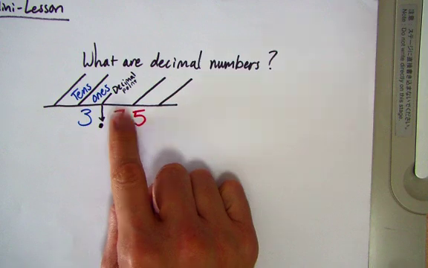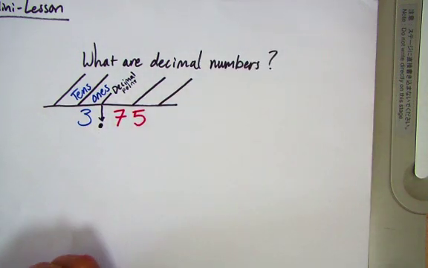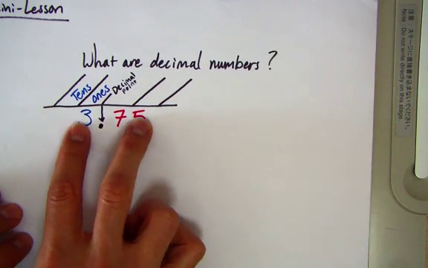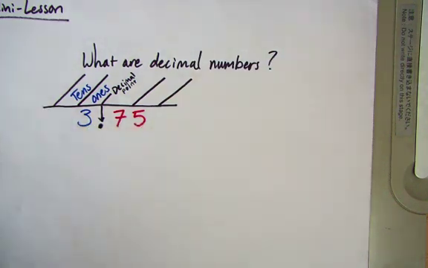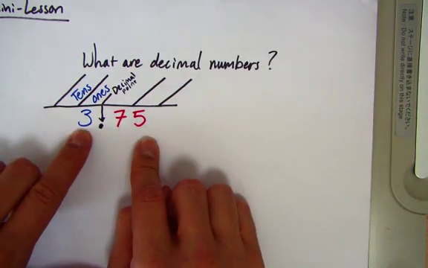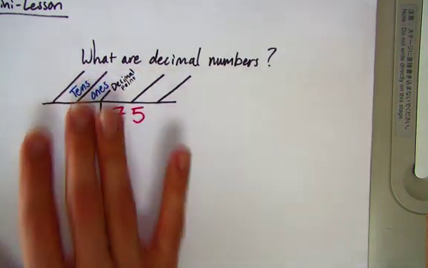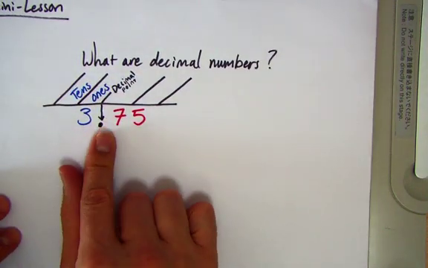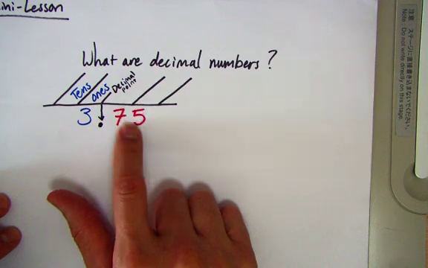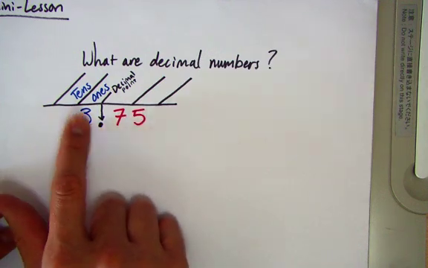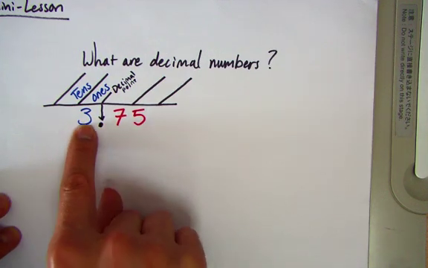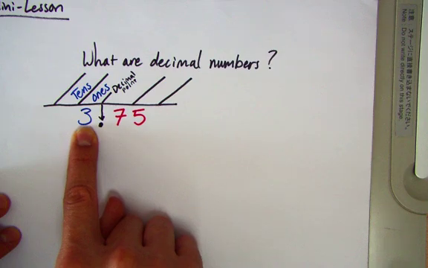Now, in the next video, I'll be getting into more of the relationship of decimal numbers and fractions. So don't worry about that right now. What I want you to learn right now is the place value for each one of these digits. So the 3 is in the ones place value.